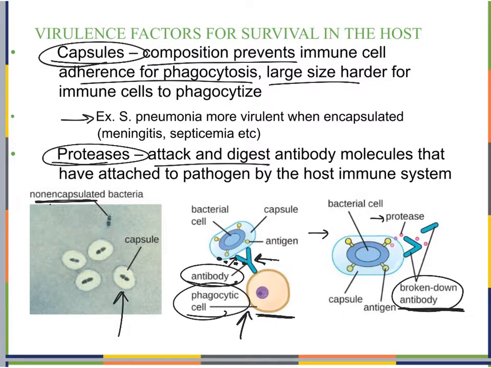Over here, this is an individual antibody, so one that's not attached to a phagocytic cell, which also happens, and we'll talk about why. But if this actually does attach here, then the proteases that are made can break it down, and then it will no longer be useful as an antibody inside of our body, along with the host immune system.